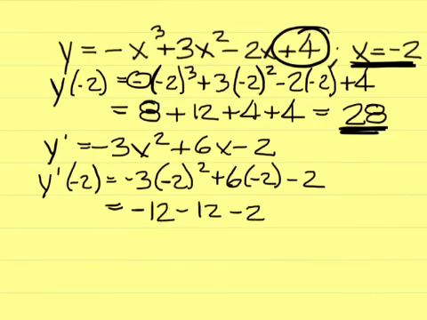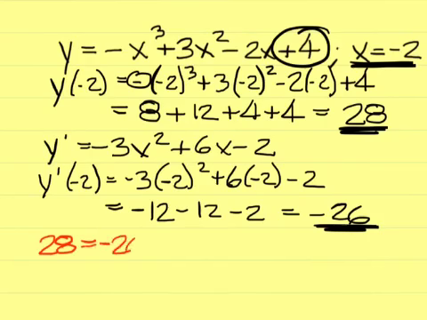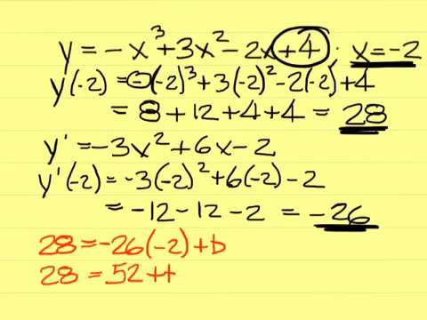Minus 12 minus 2 is negative 26. That's the slope. So when we go back to solve for y equals mx plus b, we're going to have the y value, 28, equal to the slope, negative 26, times negative 2, and then plus b. And that is a positive 52 from there.